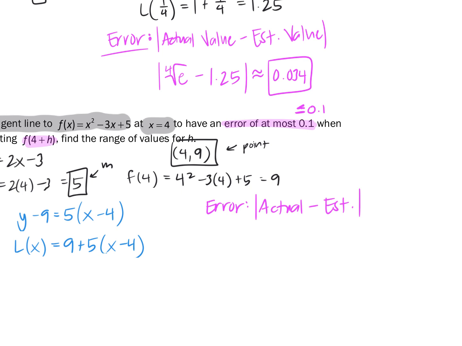So the actual that I'm plugging in, that's going to be my f of 4 plus h. So what does f of 4 plus h evaluate to? We'll figure that out here in a second. And then I'm subtracting my approximated, which is L of 4 plus h.